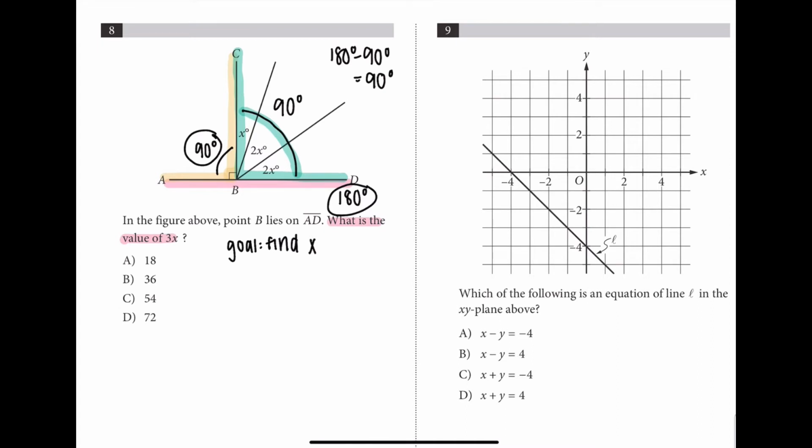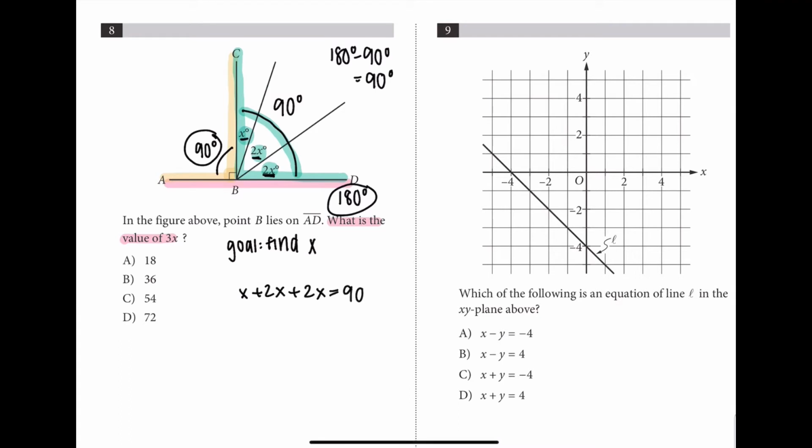Another hint that we have is that we have x, 2x, and 2x. And if we know that the total angle of what I've highlighted in blue is 90 degrees, we can simply set these values equal to 90 degrees.